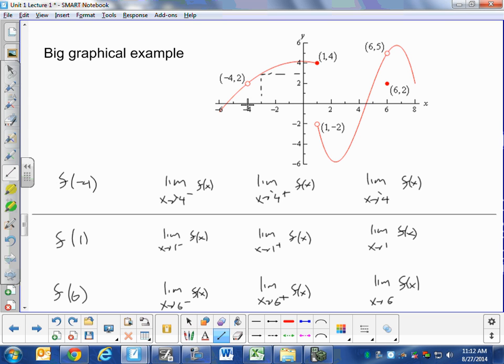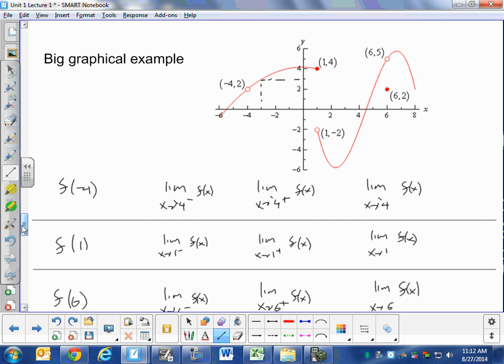I want the function value at -4, the limit from the left, the limit from the right, and then you can answer if the limit in general is a value or does not exist. We'll do it for 1. Give me the function value at 1, the limit from the left, from the right, and then tell me if the limit exists, or if it doesn't. If it exists, tell me what it is. We'll do it as well for 6, okay?